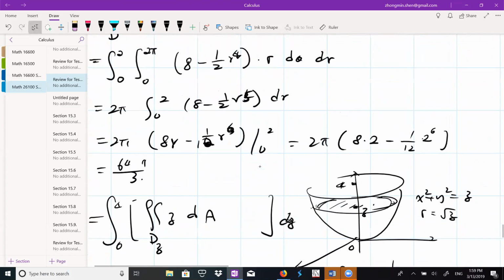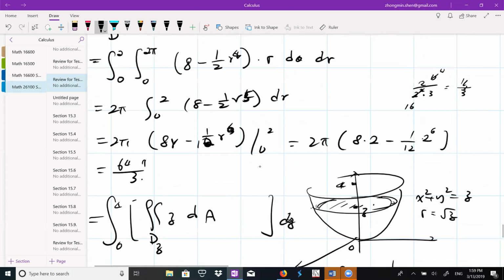After I simplified 12, 2 to the 6. Here's 2 to the 2 squared times 3. So after canceling out, it's going to be 4. Okay, so 4 times 4 is 16.